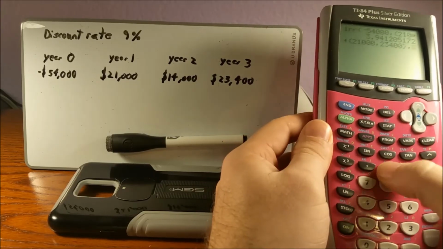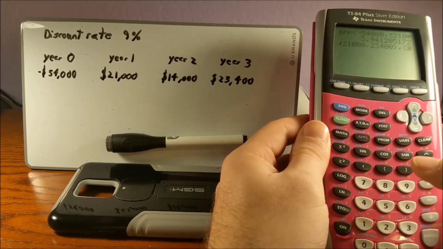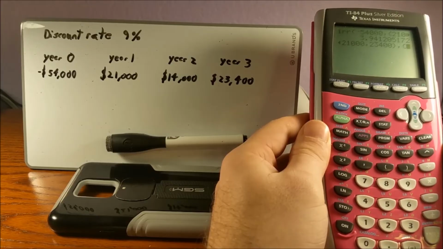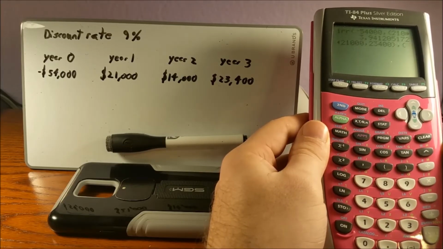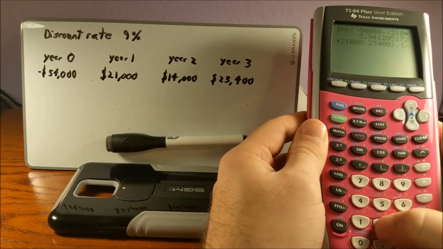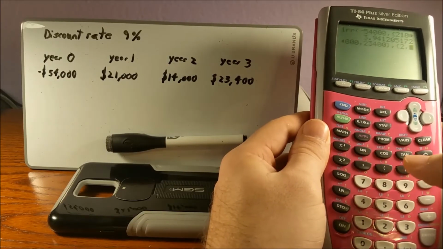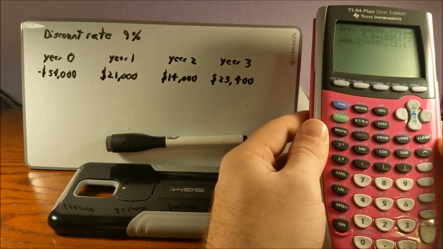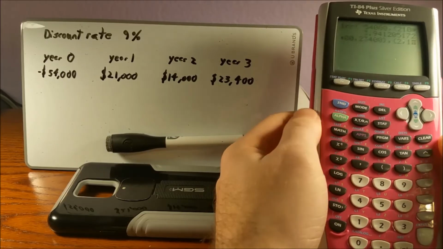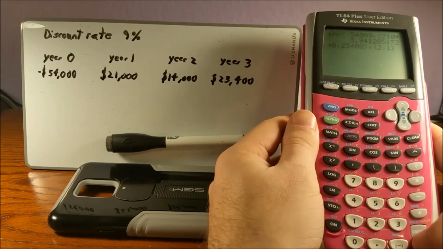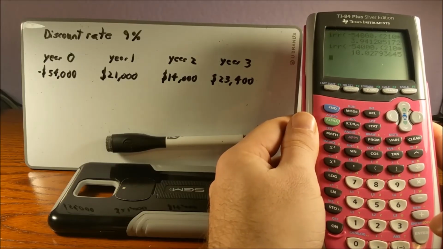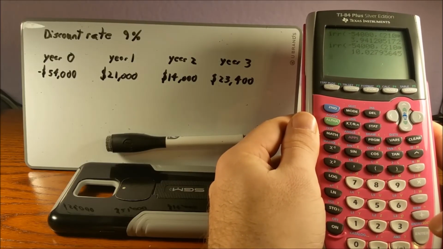Well, for the first 2 years, we had the same cash flow, right? So in that case, we're going to say 2 periods at 21,000, separate by a comma, and then 1 period of 23,400. Close our curly brace, and now we have an internal rate of return of 10.02.